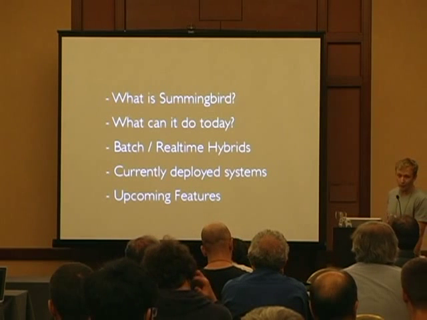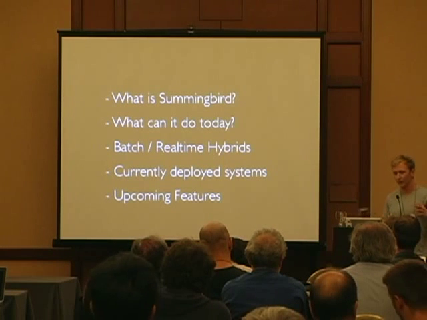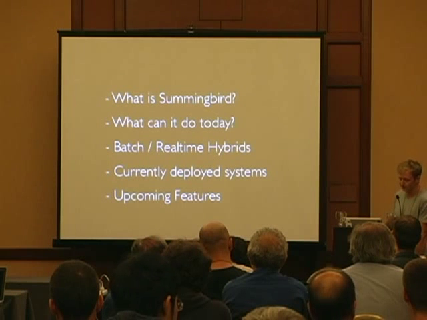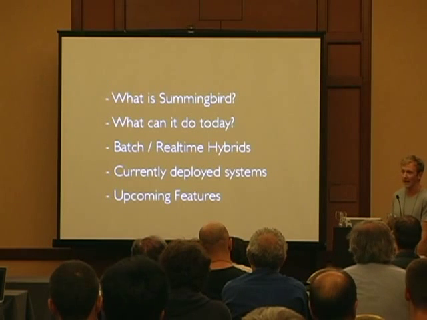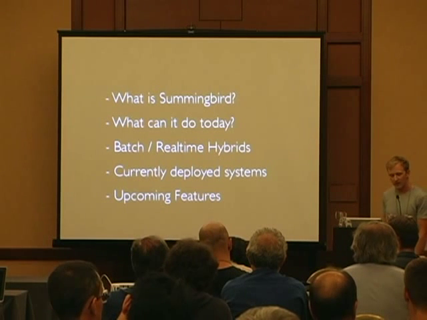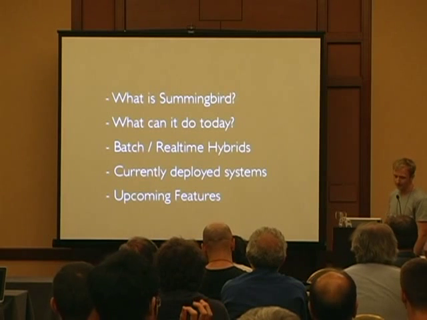And we're going to talk about how the design of Hummingbird enables you to build these batch real-time kind of Hadoop plus a system like Storm models. It's kind of an interesting way of building systems that the design of Hummingbird enables. We're going to talk about some currently deployed systems at Twitter, and then kind of what's next for the library.